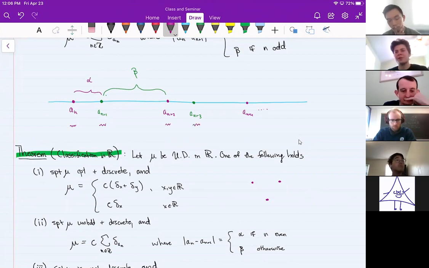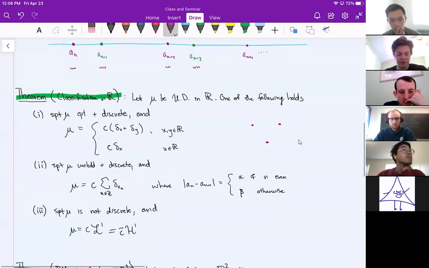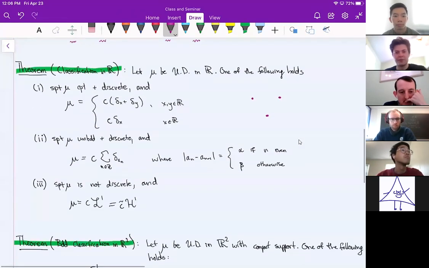So you're allowed to have 2 distances that alternate between points. And then the final case is that you have Lebesgue measure on the real line. That's all the one-dimensional uniformly distributed measures.